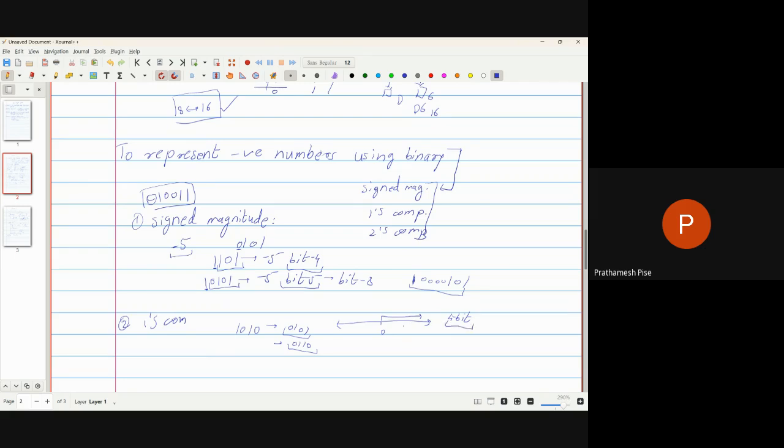So what is happening? If we are using just unsigned numbers, we can represent from 0 to 2 raised to the power of 4 minus 1, which will come somewhere here. This is in unsigned numbers.